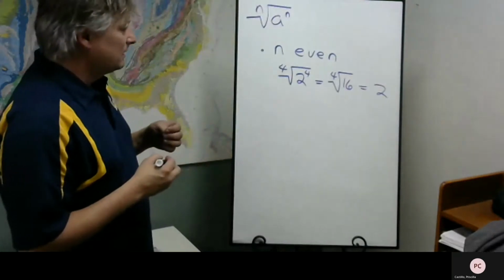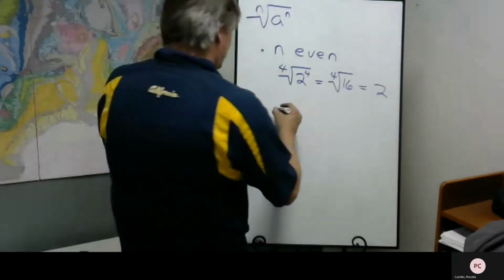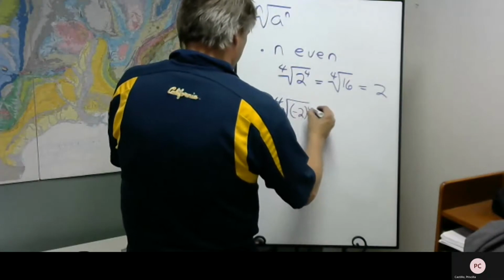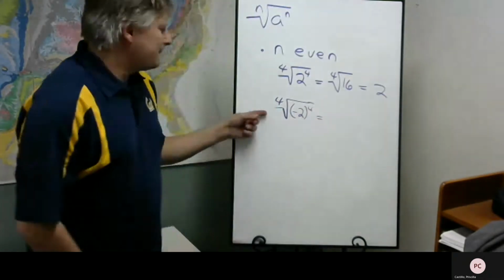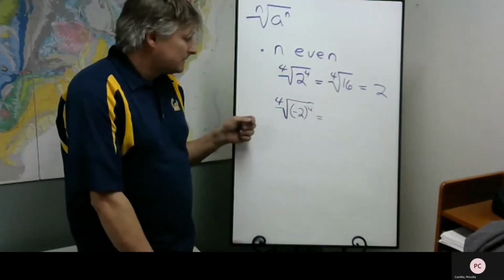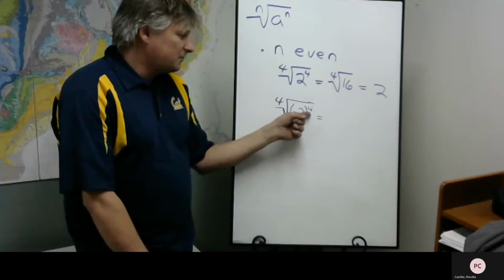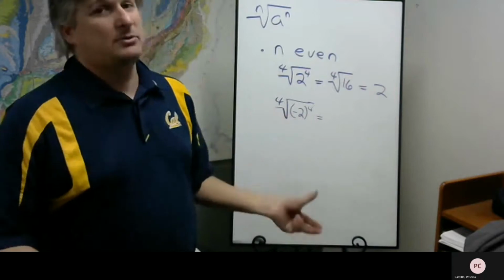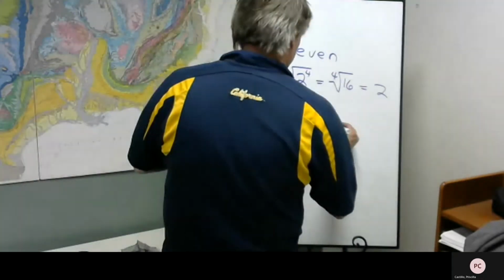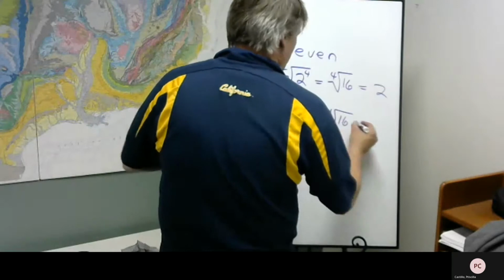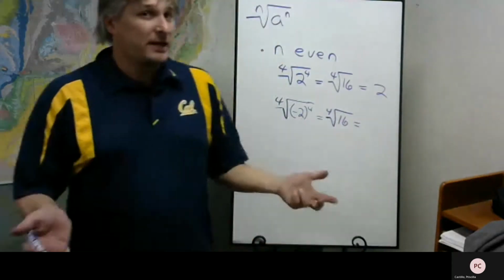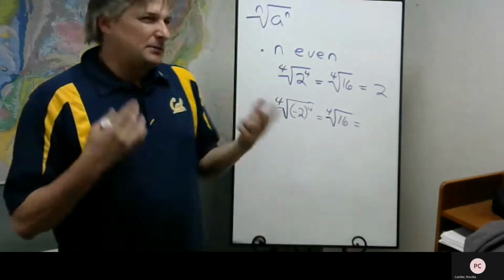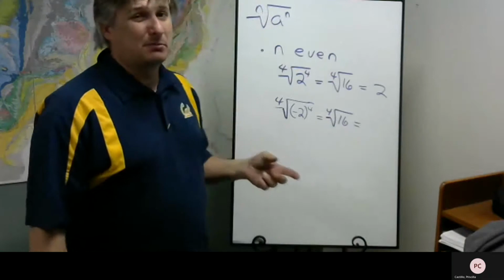All right. And now here's something that might seem kind of dicey. Now again, this is a positive root. So if we take this to the fourth power, negative 2 times negative 2 times negative 2 times negative 2 is going to be 16. So you might say, well, since we have 4 negative 2's, then the fourth root would be negative 2. This is where the book's notation with that minus becomes important.